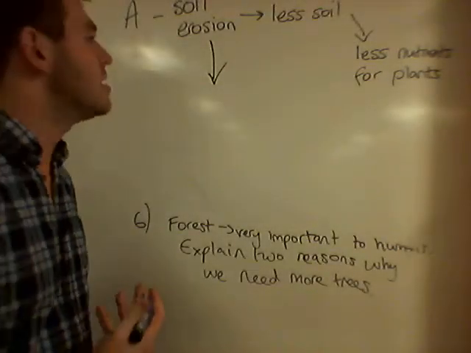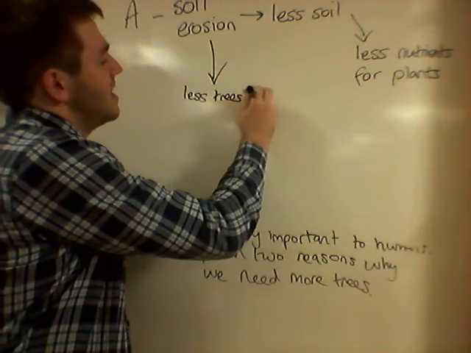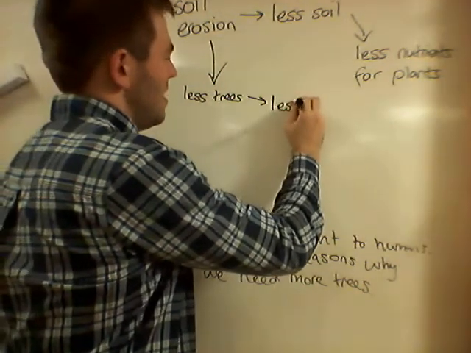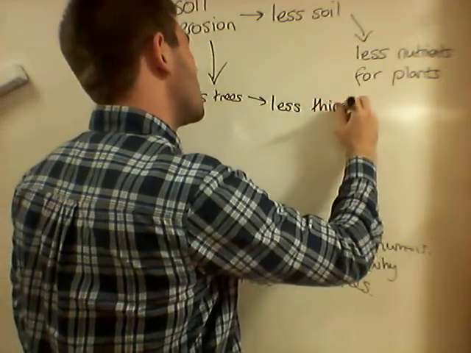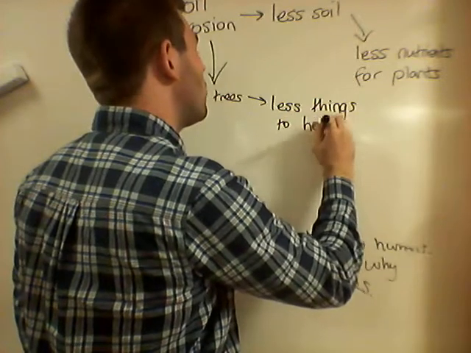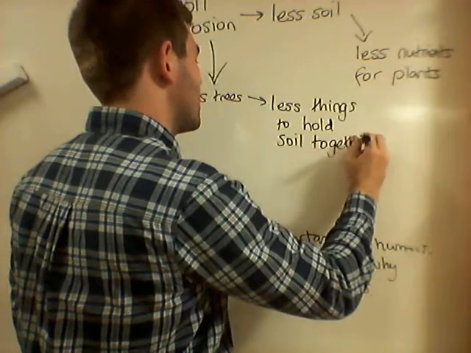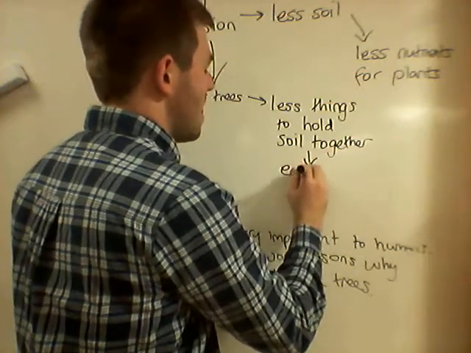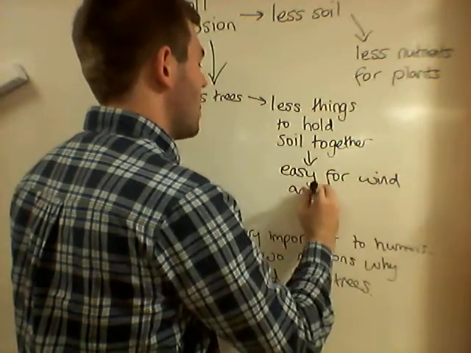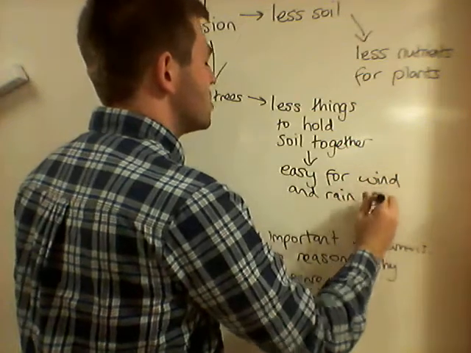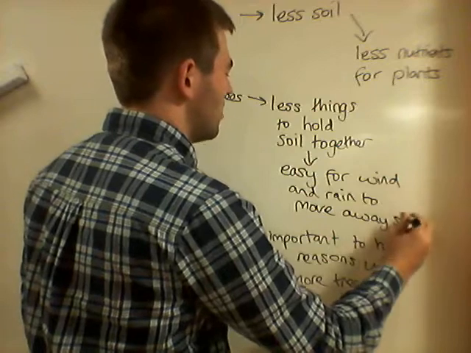So soil erosion, if there's less trees, gives less things to hold soil together, and then it's easy for wind and rain to move away soil.